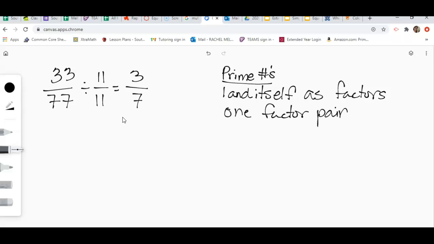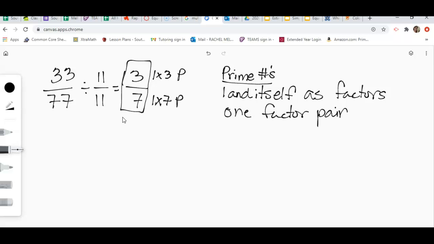If you have a prime number for your numerator and your denominator, then you know for sure that you are done and you do not have to simplify anymore. So I know that 3 is prime because I can only do 1 times 3 to get 3. Same thing for 7. I can only do 1 times 7, so that is also prime. If I have 2 prime numbers, I'm done, and this is my simplest form.